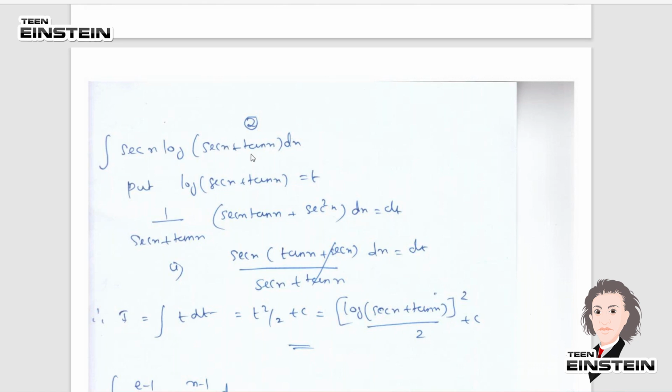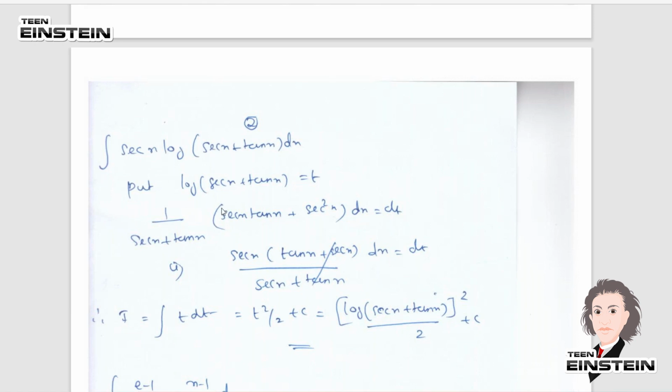This is f of g of x, logarithm of secant x plus tan x, a function of g of x. The derivative of g of x is g dash of x. The derivative of logarithm of secant x plus tan x is secant x. It is present in the given integrand. So this is the correct substitution.